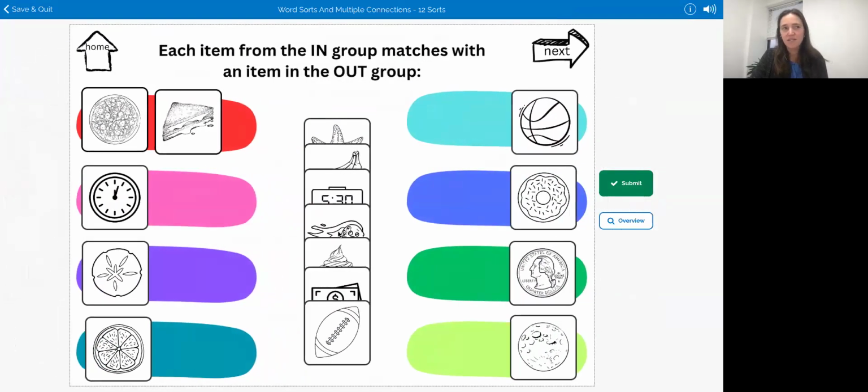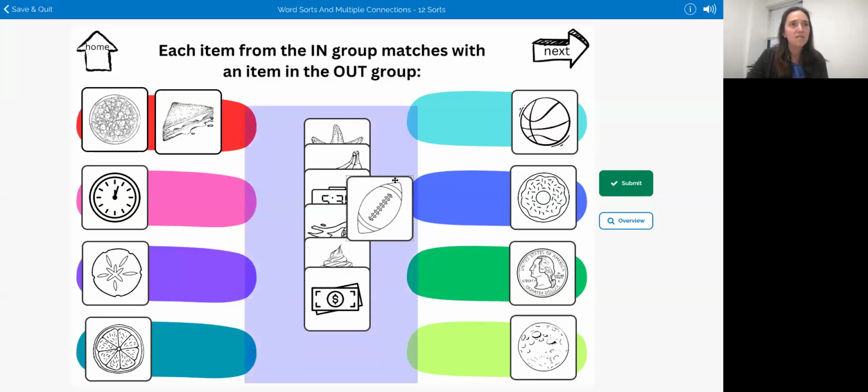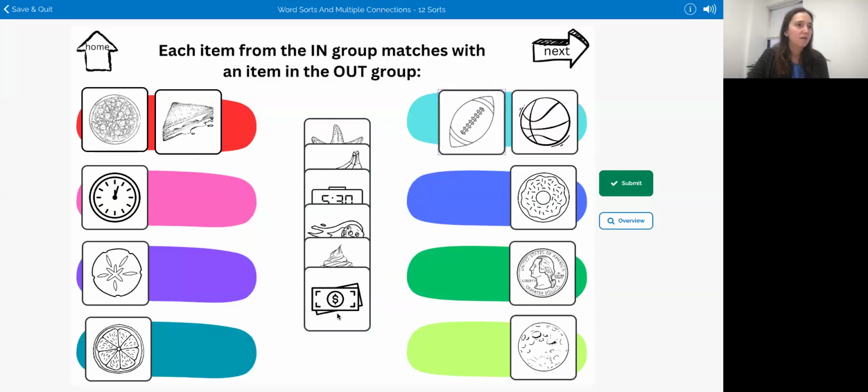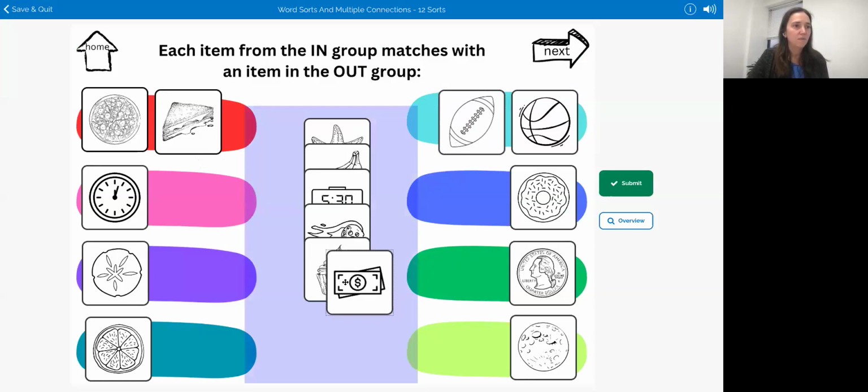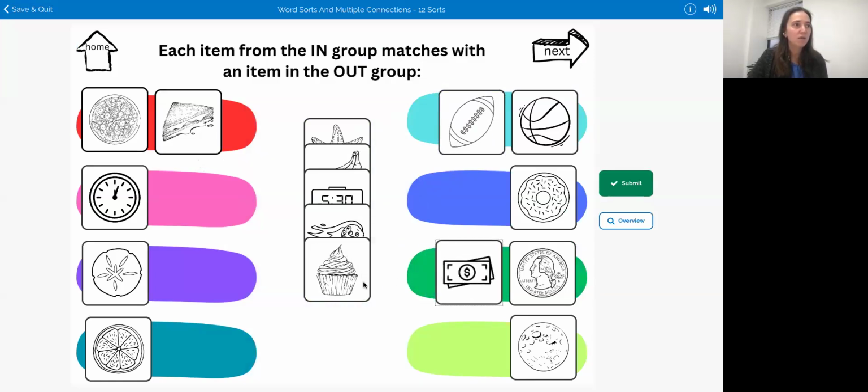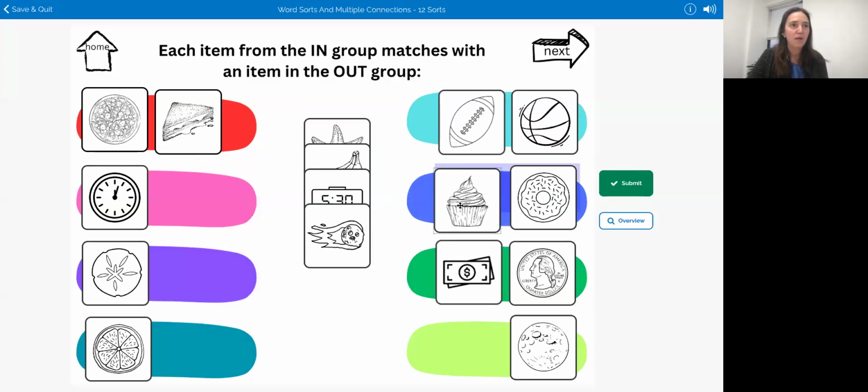And then these puzzles give the students each of the items that we had already sorted out, which can now pair with one of these other cards from the out group. So this cheesy pizza is paired with the grilled cheese. And the football is going to pair with the basketball. The bills will pair with the quarter. This cupcake can pair with the donut. This is a really great way to talk through what can work.